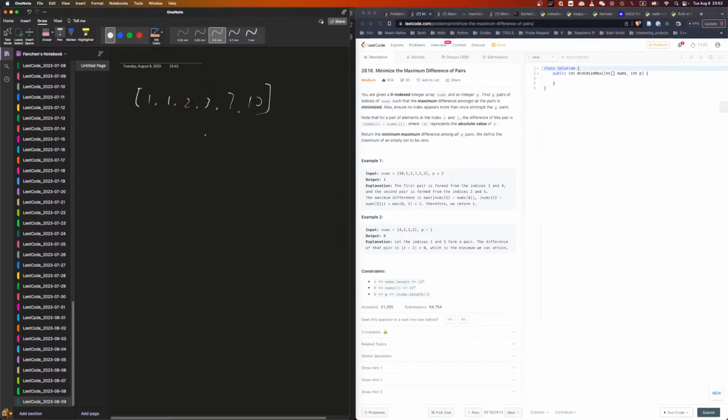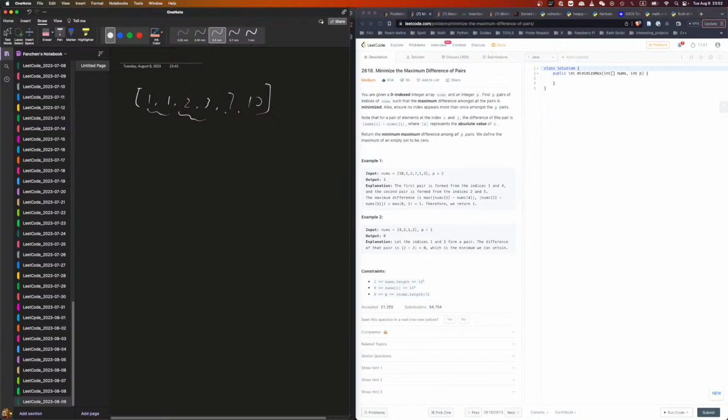I want two pairs such that their difference is the minimum, right? So the maximum difference among all the pairs is minimized. So in this one, I say I take these two, I take these two. And in this, we pick one pair, so yeah, definitely do this.